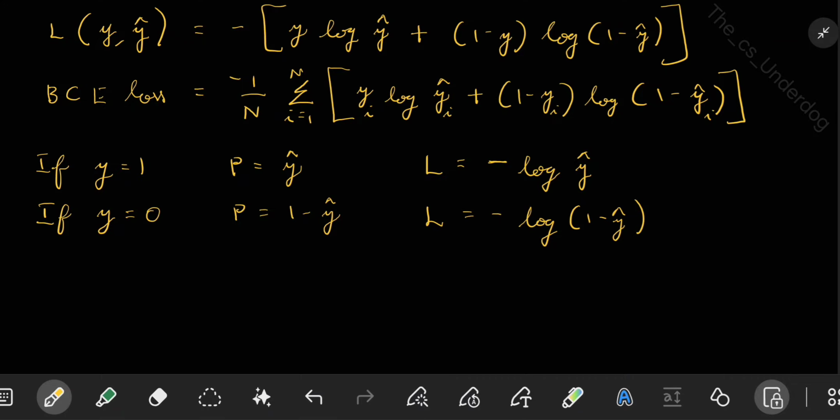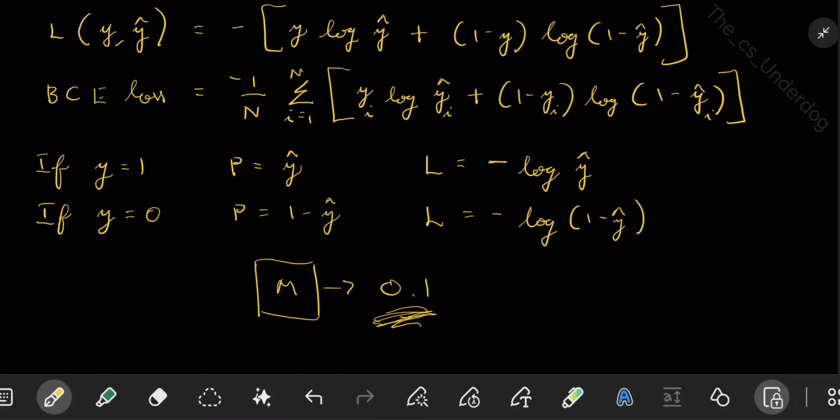What will this do? This would mean it would penalize confident but wrong predictions heavily. That is, if it actually belongs to class 1 and your model is confidently saying that the probability is 0.1, that means it is confidently telling you that it belongs to class 0, because 0.1 probability for class 1 means it is in class 0.